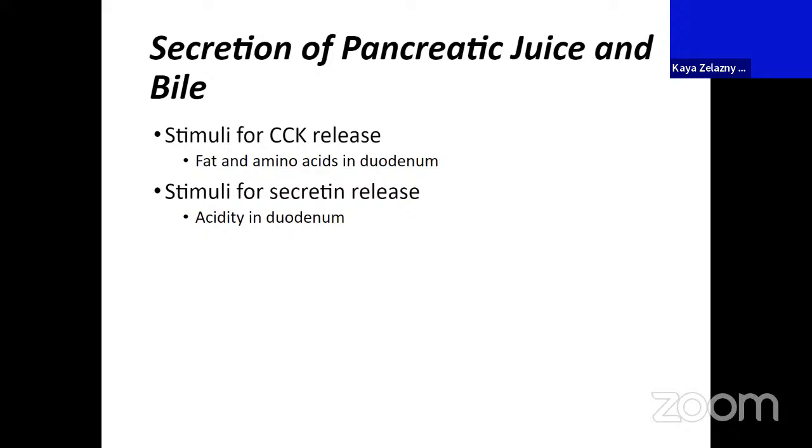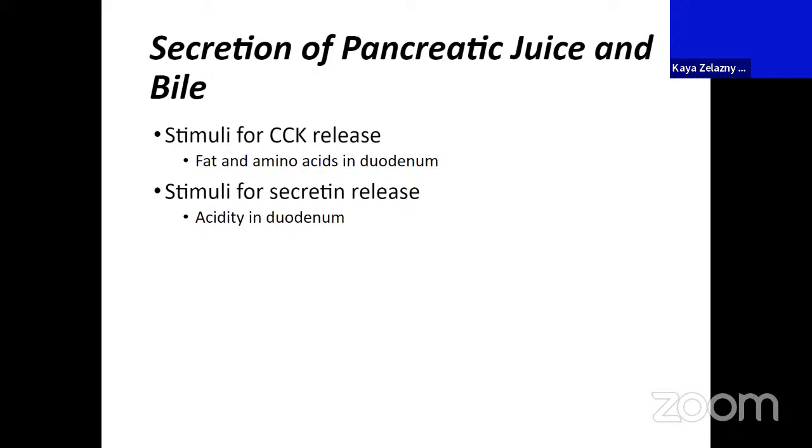That fat was looping back and telling us to stop stomach secretion. But now on the pancreas side, that fat is telling the pancreas, hey, I need some lipases to help me break this down. And the same thing with the amino acids. Now that you have amino acids in the duodenum, you've got these protein products. You want to keep breaking them down. To do that, you need those proteases coming from the pancreas.